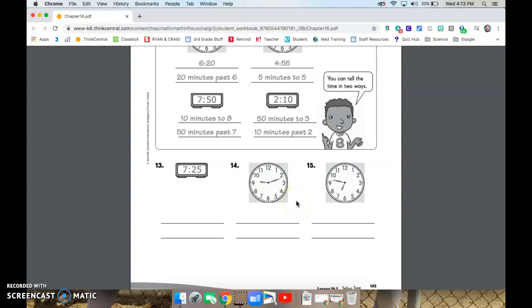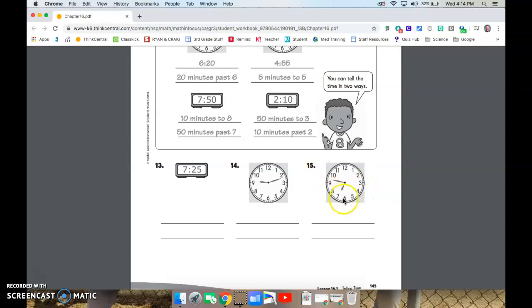So we could write this as 9, let's see, 9, 12. So there's 5, 10, 11, 12. It looks like it's kind of pointing there. So you could say 9:12, 12 minutes past 9. Or 48 minutes to 10.